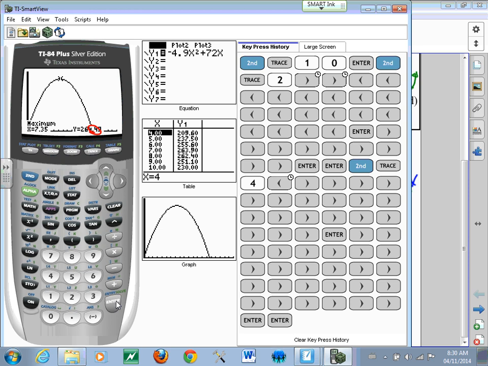So this, ladies and gentlemen, gives us two important parts, okay? First of all, it tells us the maximum height, and it tells you when it occurs.